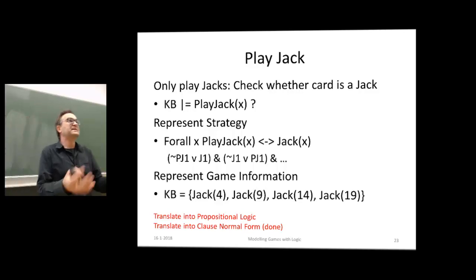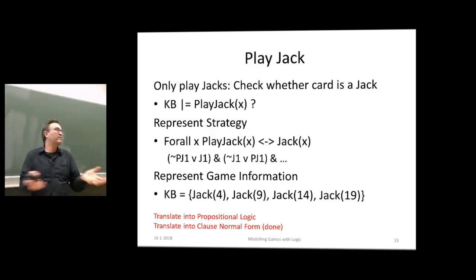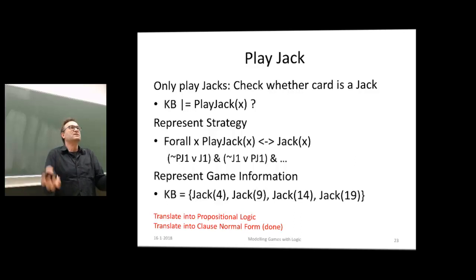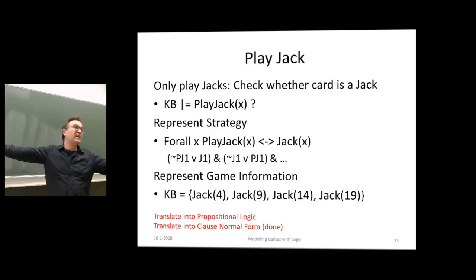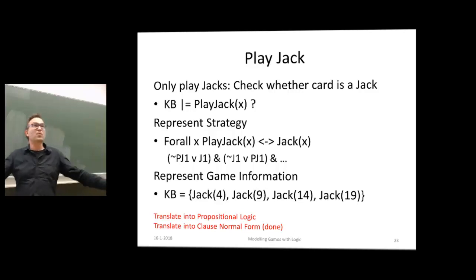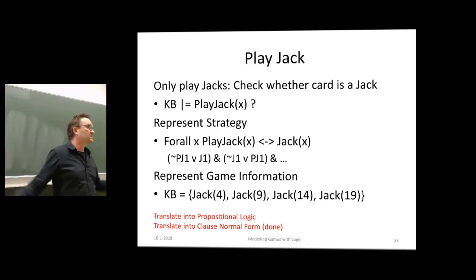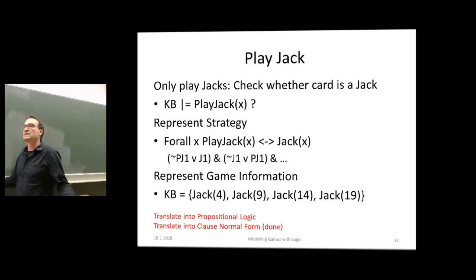So this already gives me the definition of what I want to check for, and it is completely trivial. The one thing I want to check is that everything adheres to the play Jack strategy if and only if it has the property of being a Jack. Really, more simple can't be.